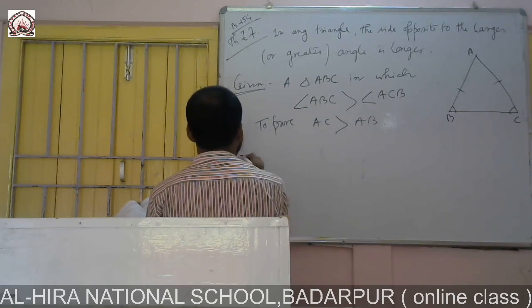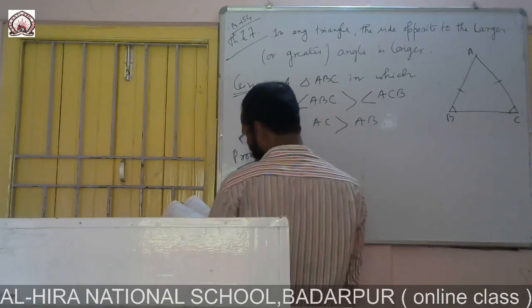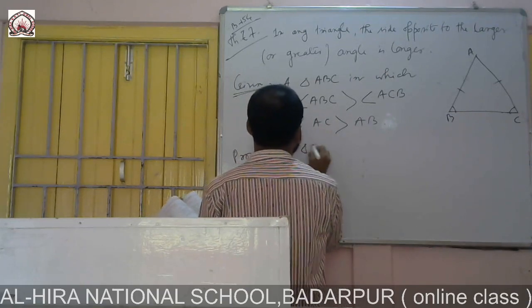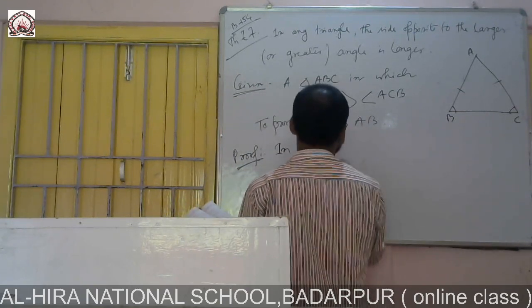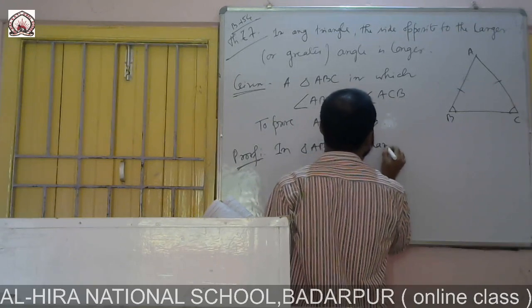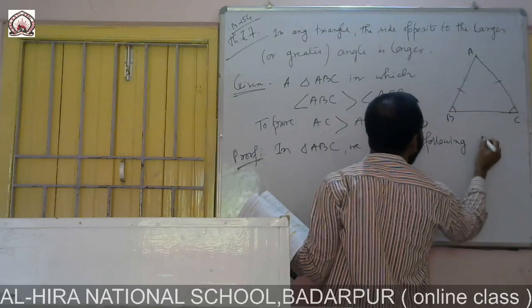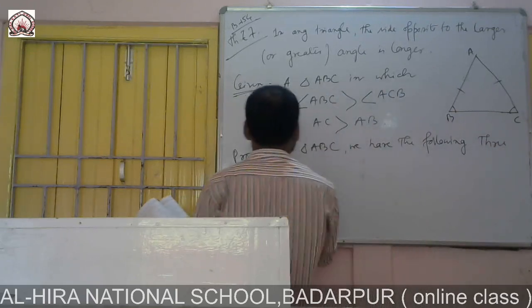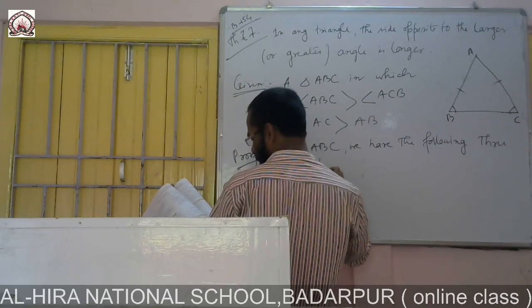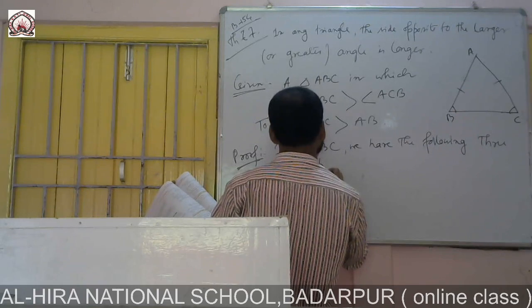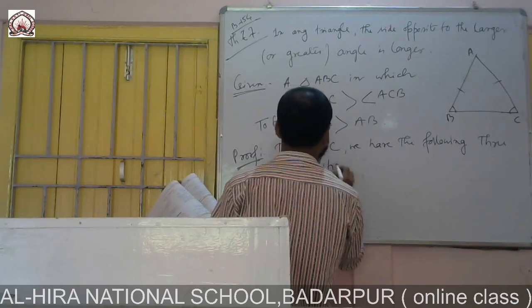Now proof is, in triangle ABC we have the following three possibilities.